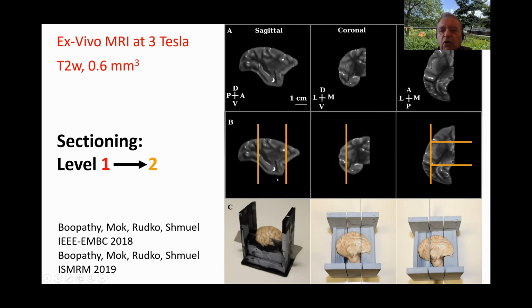We can see here orange lines that are actually planes with which we designed how we are going to cut into 4 blocks. Again, we use the 3D printed model specifically for this hemisphere in order to cut the lateral block, this block here, and the 3 more medial blocks that can be seen here.